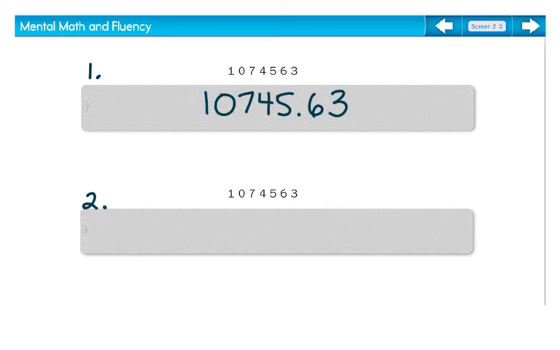Now let's take that same set of numerals and make your number say 107,456 and 3 tenths.